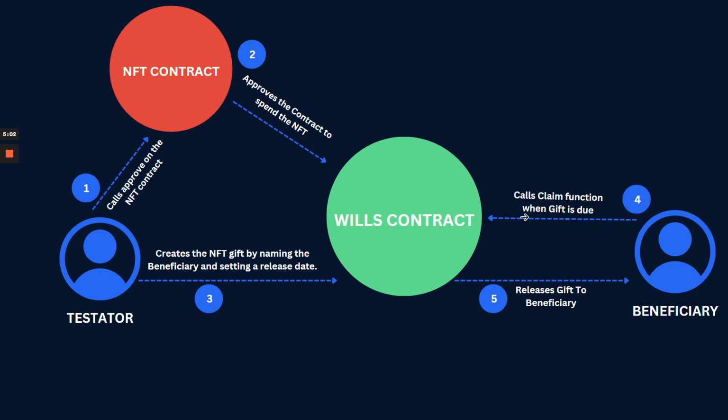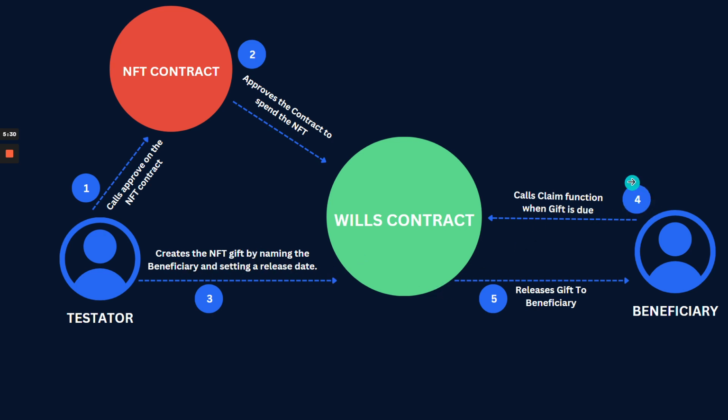For the NFT contract, it's more or less the same, just that instead of calling allowance, the testator calls approve on the NFT contract to approve the Wills contract to spend that particular NFT. Once the NFT contract grants that approval, the testator then goes ahead and calls create NFT gift, passing in the necessary parameters.